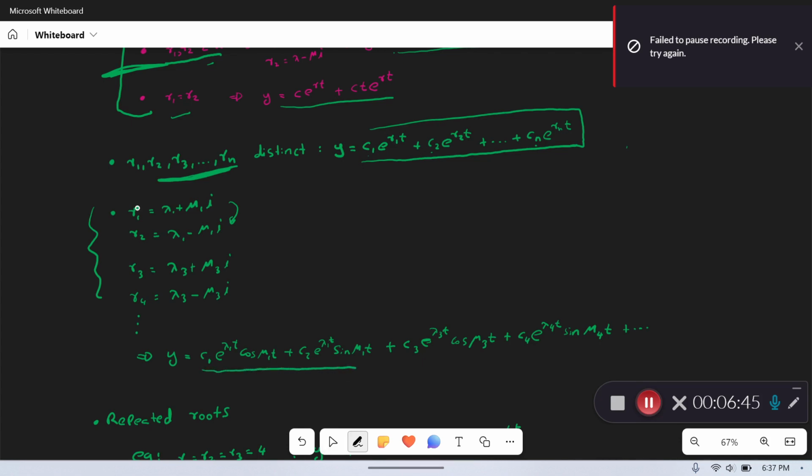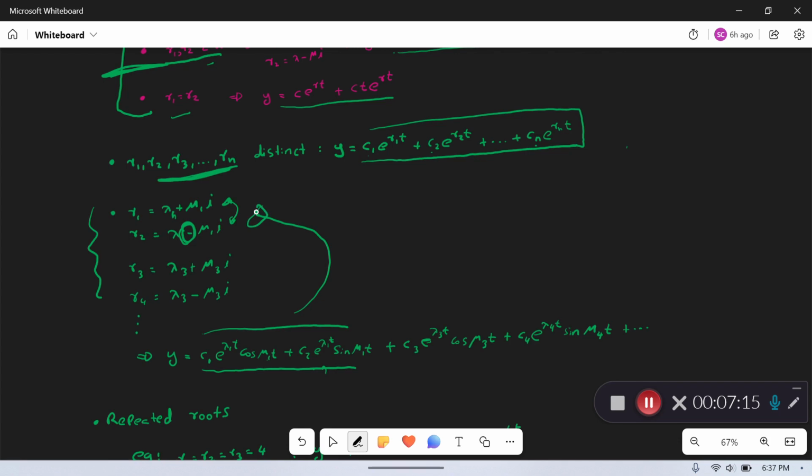If you take this pair, you have lambda 1 and mu 1: the first one with plus and the second one with minus. So you get C1 e^(lambda1 t) cos(mu1 t) plus C2 e^(lambda1 t) sin(mu1 t). We do not include this negative anywhere in the solution. These two terms represent this pair, and similarly we write for the other pairs as well. These two represent the other pair. Okay, right.